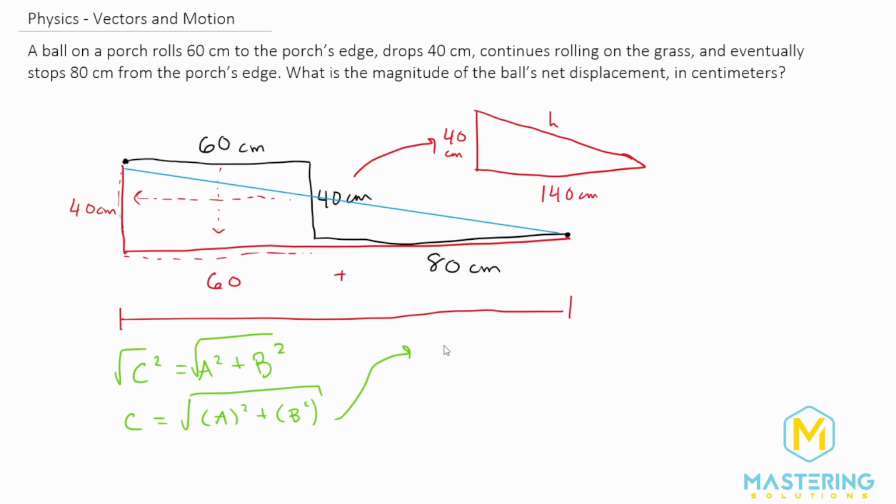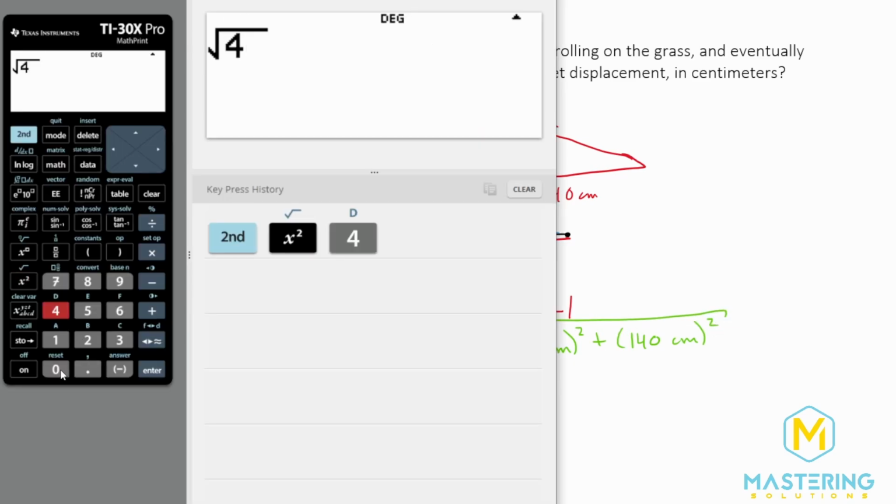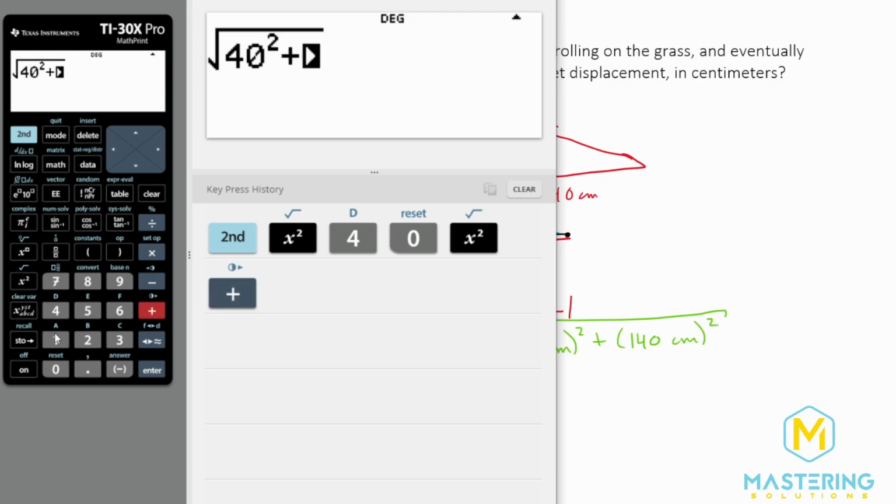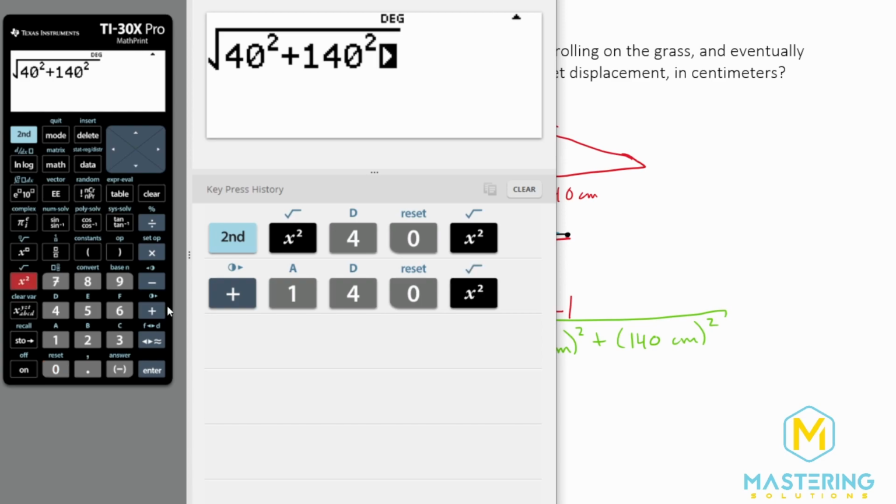Now we can plug in our values. So we have the square root of 40 centimeters squared plus 140 centimeters squared.